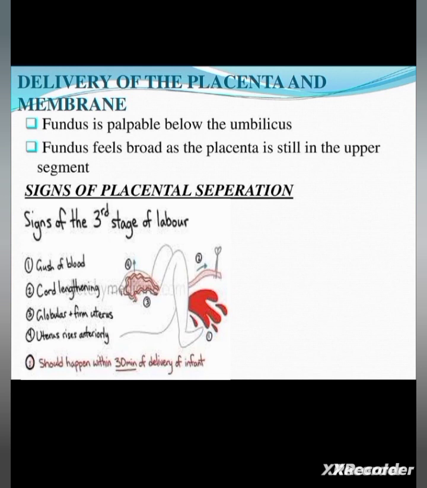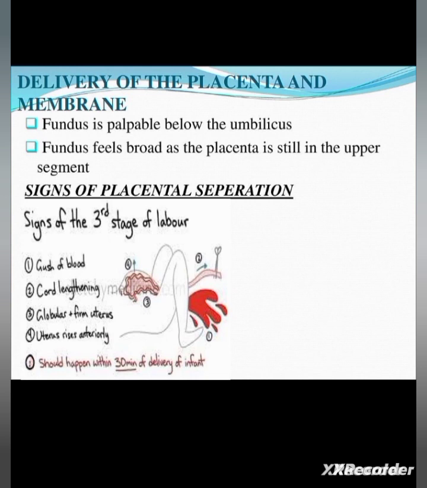But in case of placental separation, there will be some signs: a gush of blood from the vagina, the umbilical cord will lengthen, the uterus will be firm and globular, and the uterus rises anteriorly. Placental separation should be done within 30 minutes of delivery of the newborn.